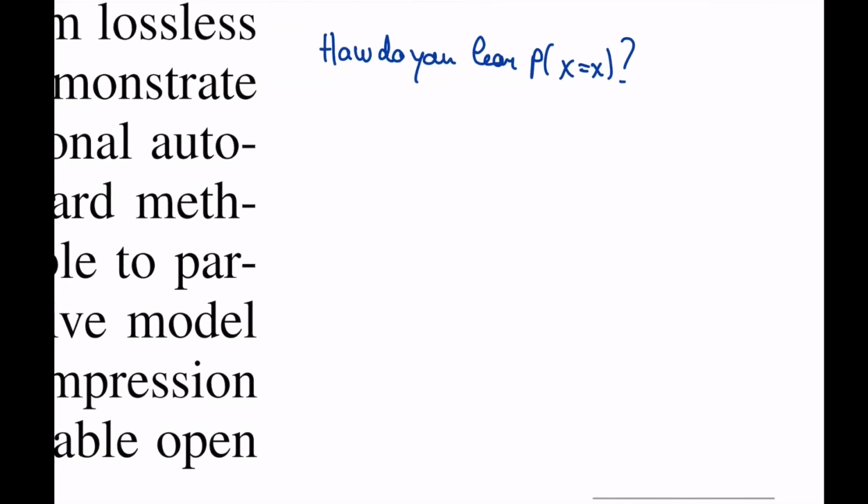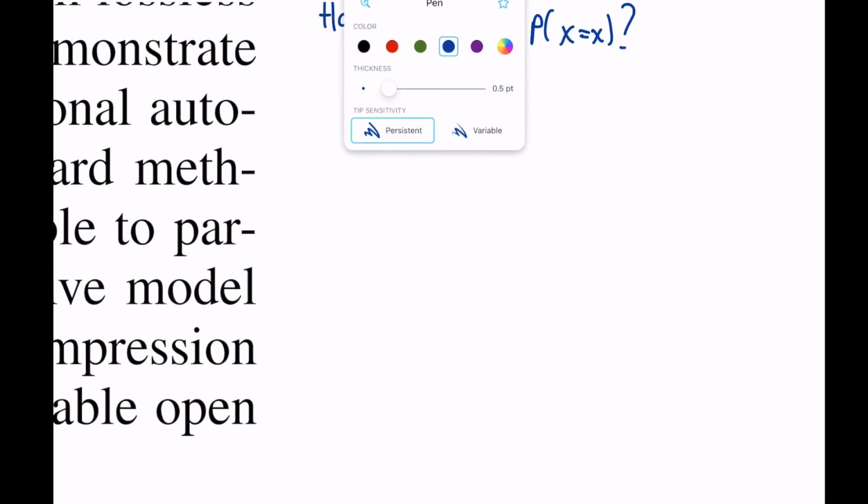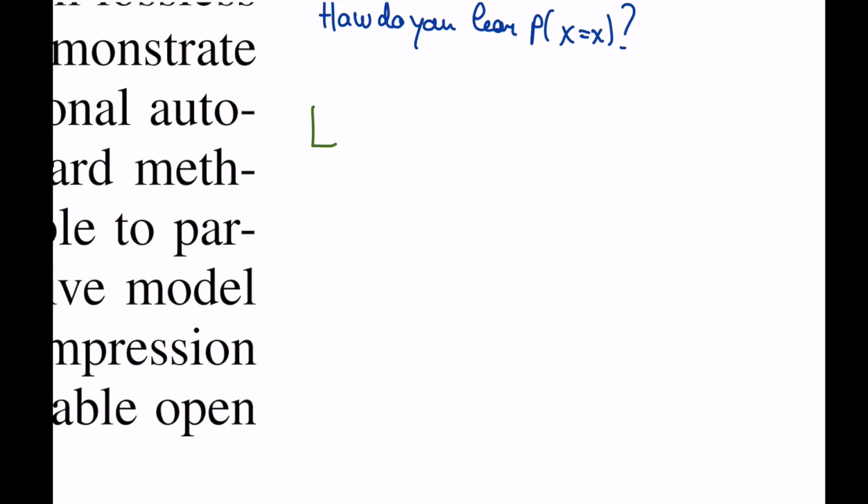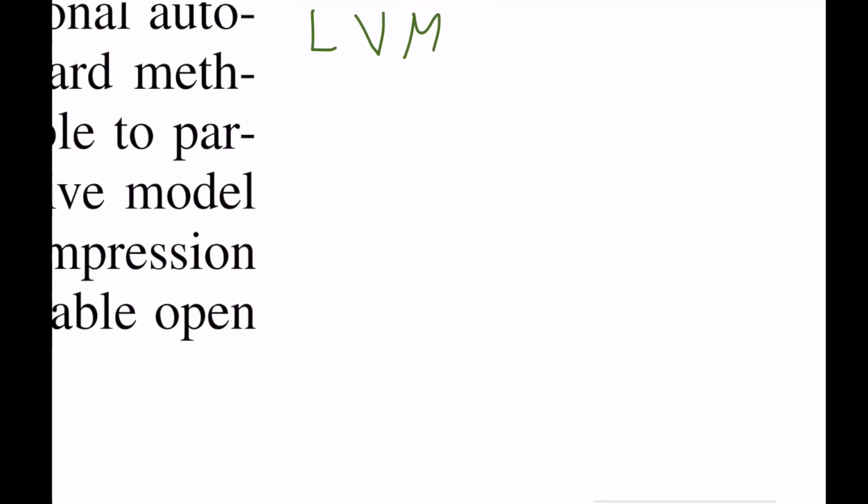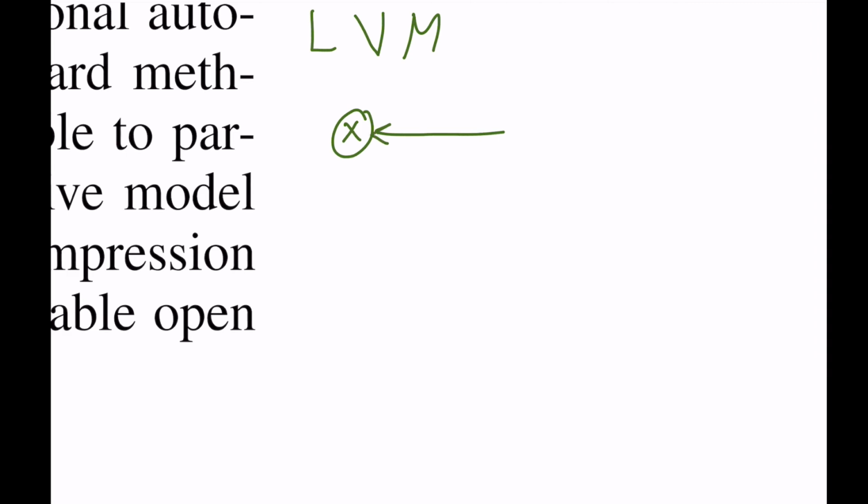Now, there are a few ways that you can do that, but a very popular one nowadays is using a latent variable model. So what that means is that instead of trying to learn P of X directly, which is going to be hard, we will put in a latent variable.